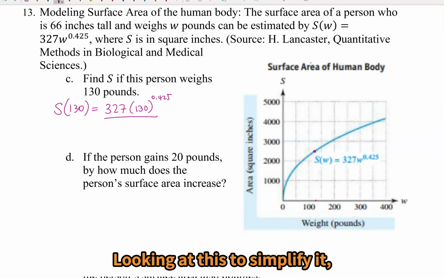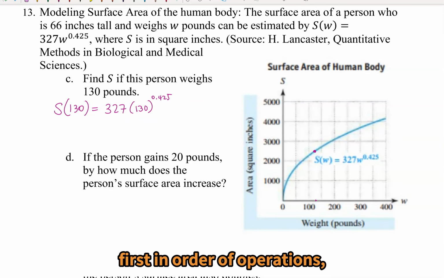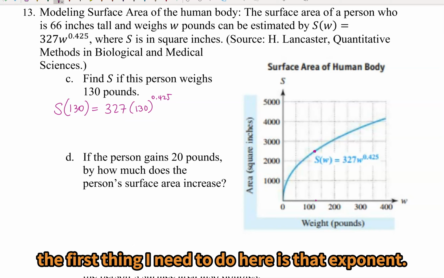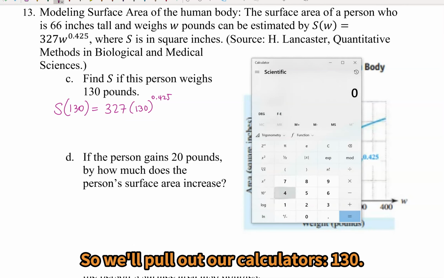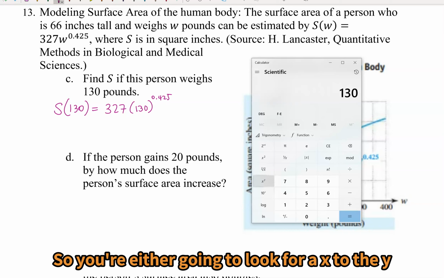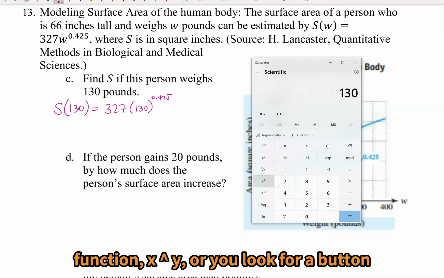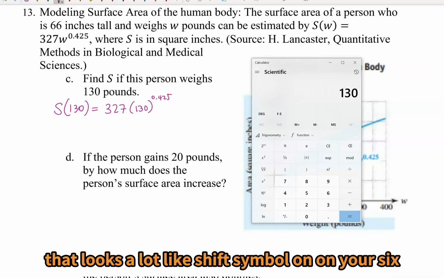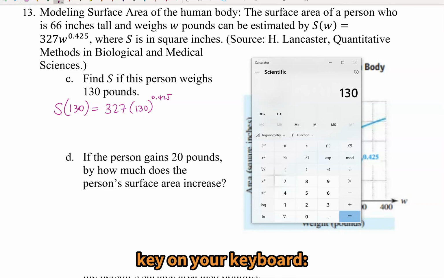Looking at this to simplify it, first, in the order of operations, the first thing I need to do here is that exponent. So we'll pull up our calculators, 130, and I want to raise it to the 0.425 exponent. So you're either going to look for an x to the y function, x to the power y, or you look for a button that looks a lot like the shift symbol on your 6 key on your keyboard.